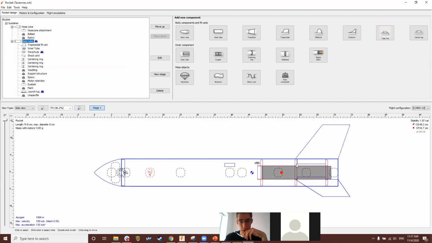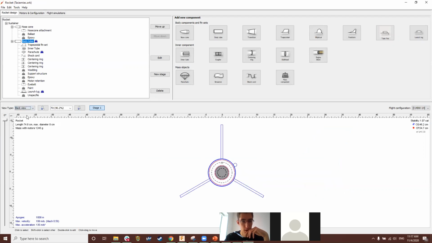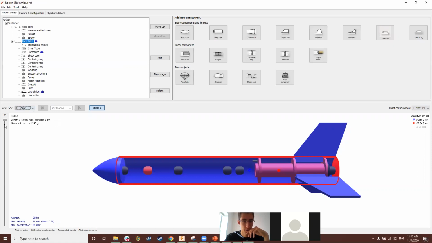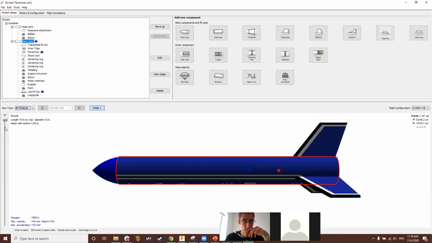So the creation of your rocket is very simple. For most of the time, you'll be using side view. You can use back view. You can rotate this. And you can see a 3D figure. This one's really nice.